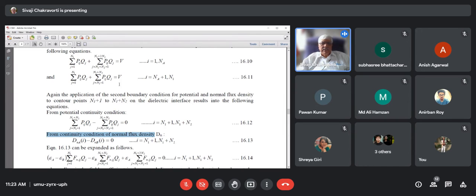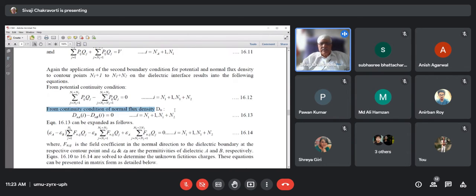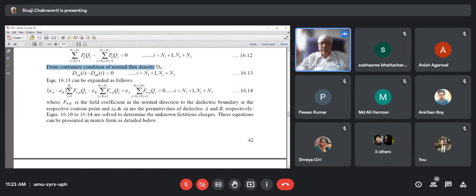Take the left-hand side of 16.11, which is for dielectric B, take the first order derivative and multiply it by epsilon B, and you will get dNB. Then dNA minus dNB is equal to 0. You can do this arithmetic or algebra however you like, and you will arrive at 16.14. Please practice it on a white paper. Although it looks very complicated, practically it is not that complicated if you understand it clearly.